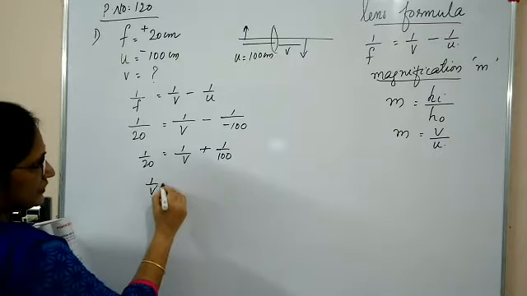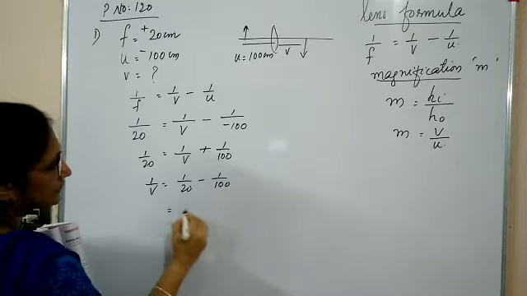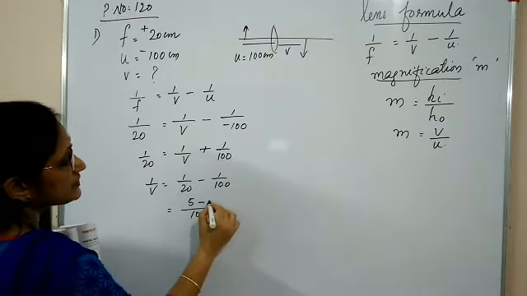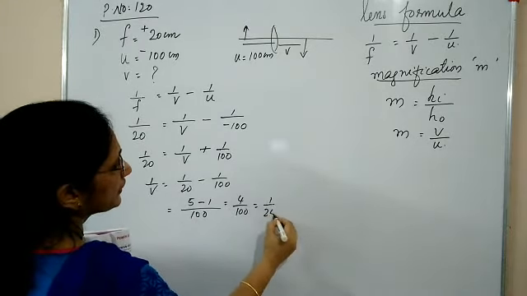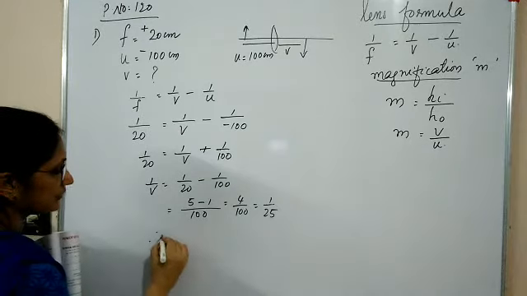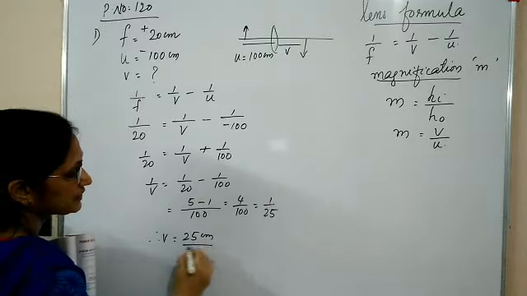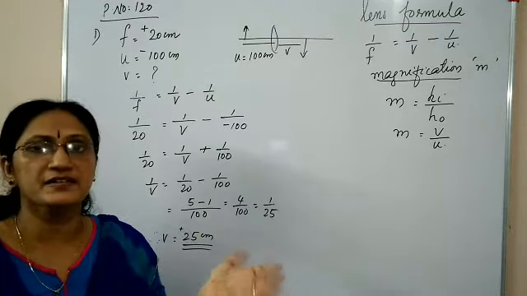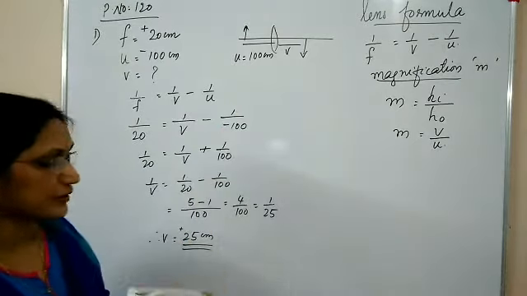Then 1 by V is equal to 1 by 20 minus 1 by 100, LCM 100, 5 minus 1, 4 by 100, that is 1 by 25. 1 by V is equal to 1 by 25, so V is equal to 25 centimeter. The answer will come automatically with the proper sign. So this V is 25 centimeter.